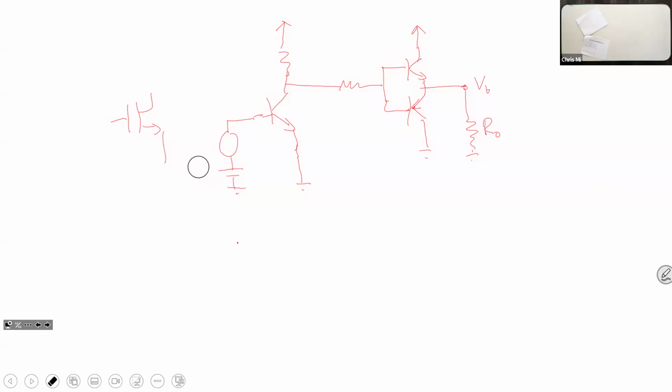Okay, well, let's call it VI. That's called input. So typically you will have one that is the capital VI, and then the other one is a lowercase vi. We might need some sort of resistance here, just to make sure that we don't mess up the operation.